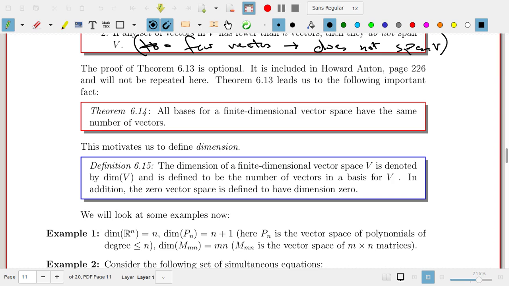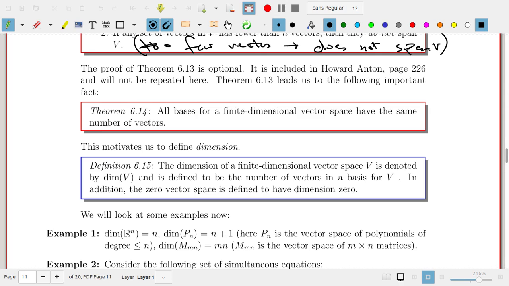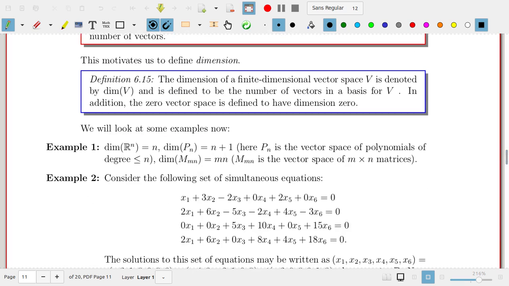And of course, this leads to the idea of a dimension. The dimension of a vector space, denoted by dim V, is the number of vectors in a basis of that vector space. The dimension is a property of the vector space.